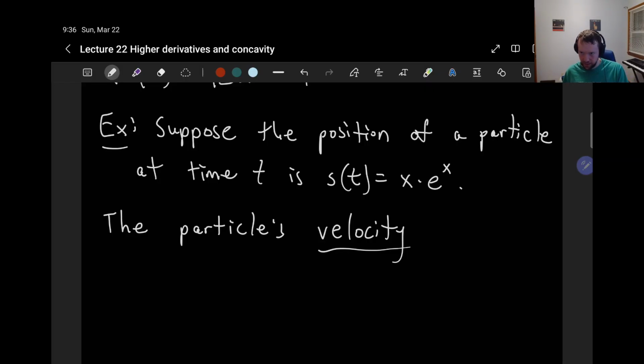But think essentially speed. So the particle's velocity, the rate of change, is s prime of t, the derivative. So we take the derivative of s of t. Notice that that's a product of two functions. Oh, yeah, sorry, these are supposed to be t's. My mistake. Gotta correct my notes on that one.